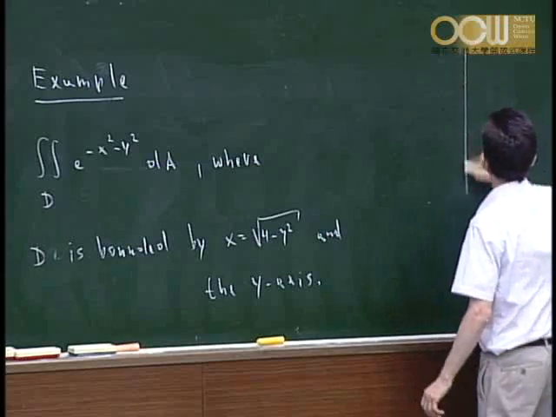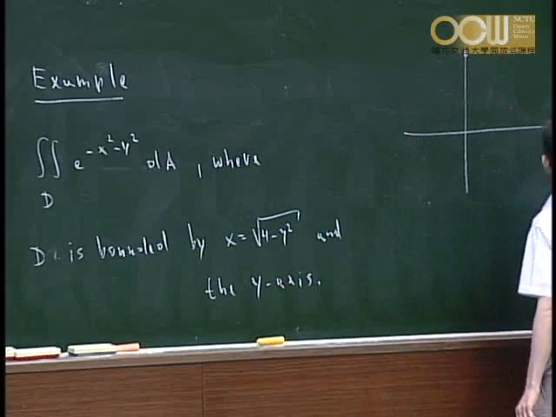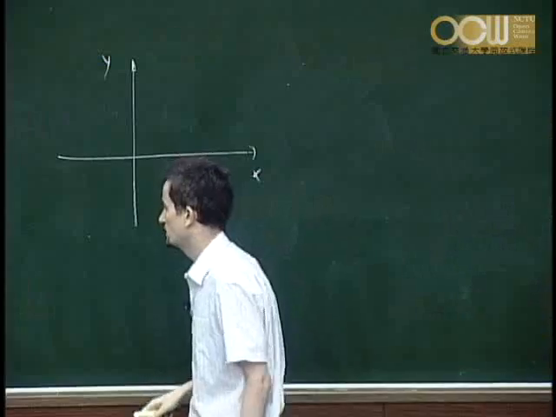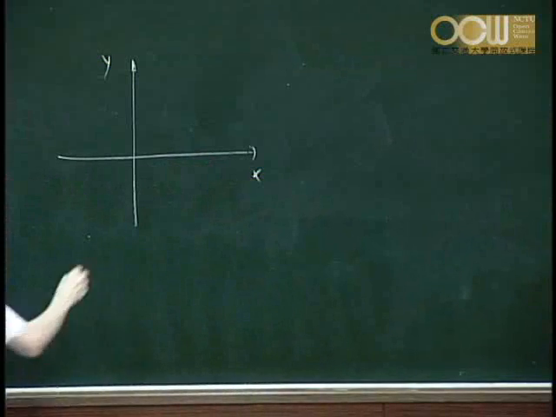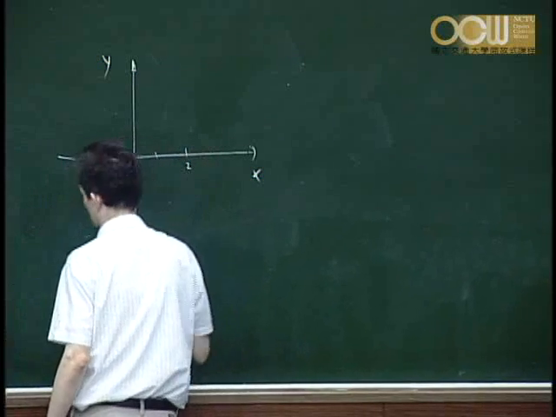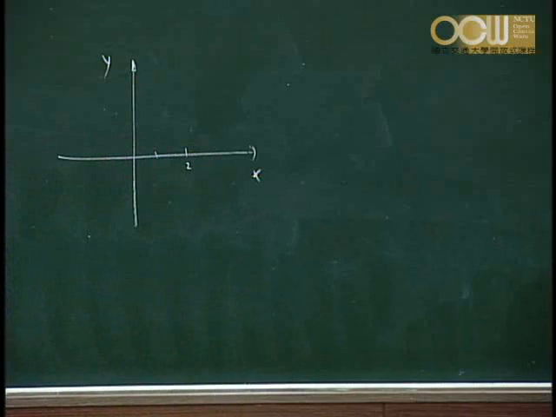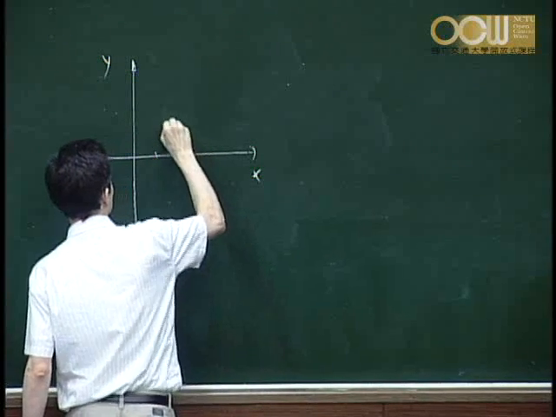You see that the first thing we always do is we plot D. So what we have here is radius 2. And we have just this part here of the circle.